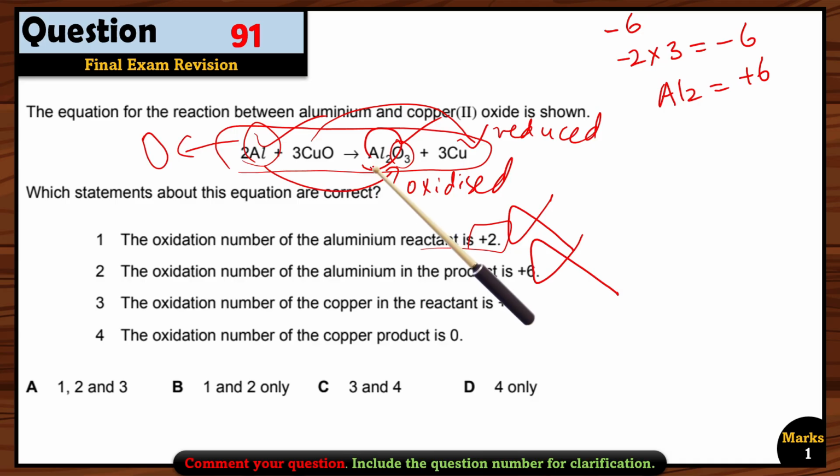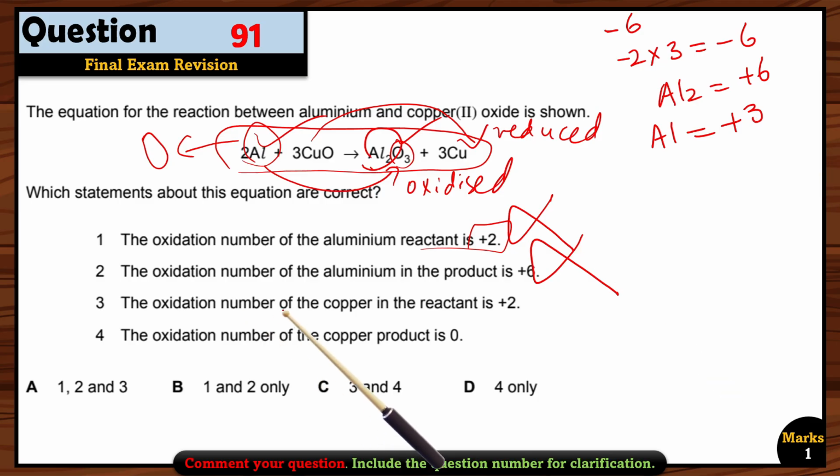Because we have Al2, so one aluminium has the oxidation state of +3. It's not +6. The same is for oxygen. The oxidation state of oxygen here is -2. It's not -6. Overall the charge is -6 because we have 3 oxygen. Overall the charge is +6 because we have 2 aluminium, but the oxidation state is +3. So this option is also wrong.